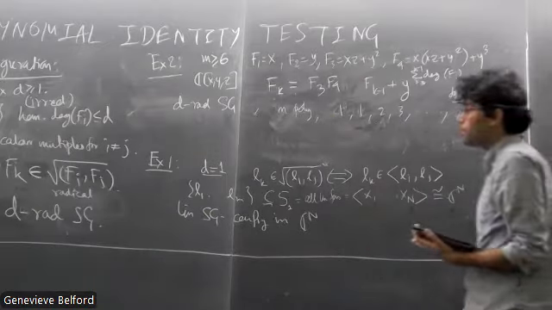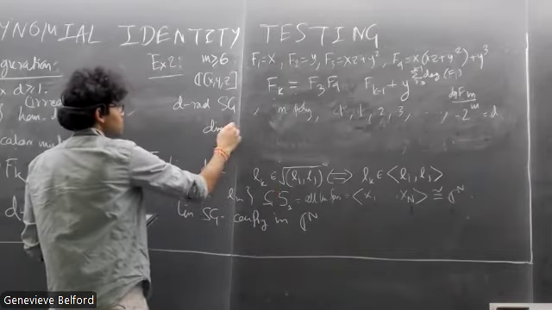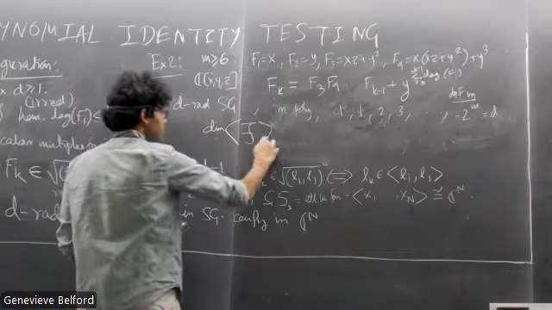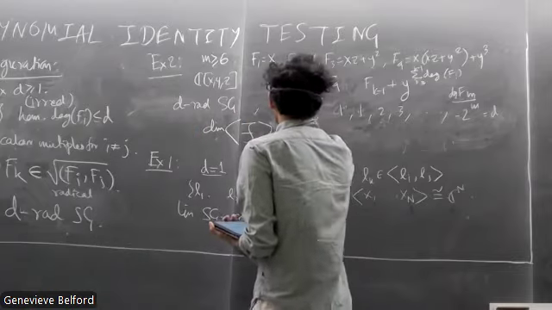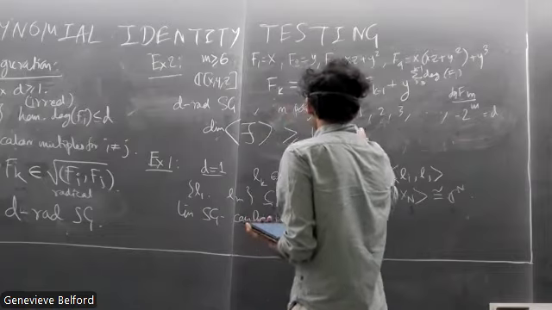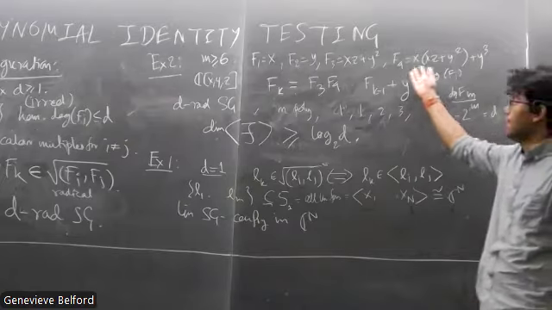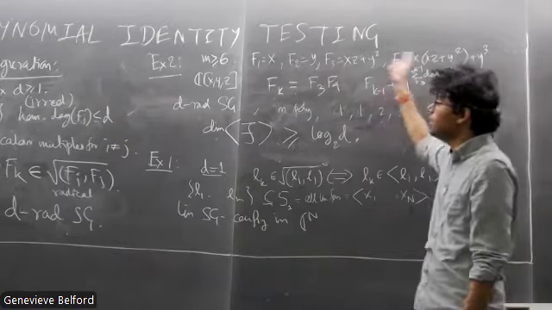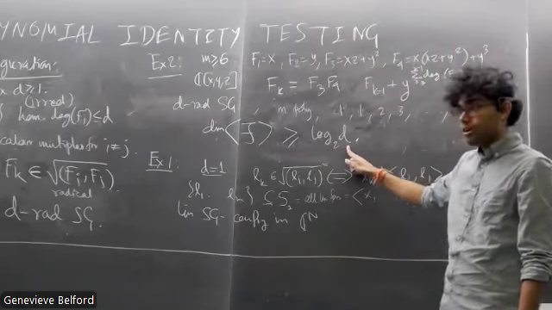So if I compute the dimension of the span, how large can it be? The dimension of the span of F will be at least log D, because the dimension of the span is exactly m, since they are all linearly independent. So what does this mean?